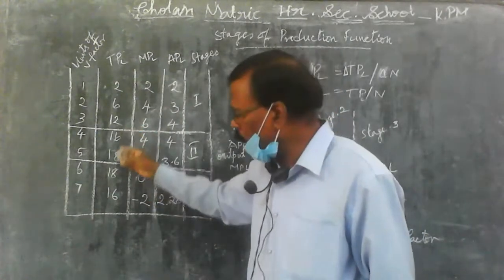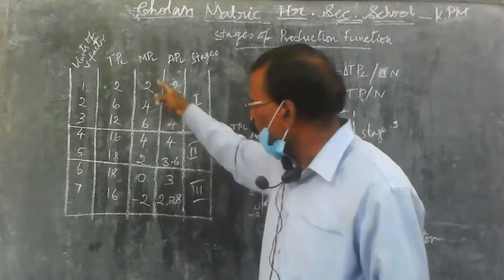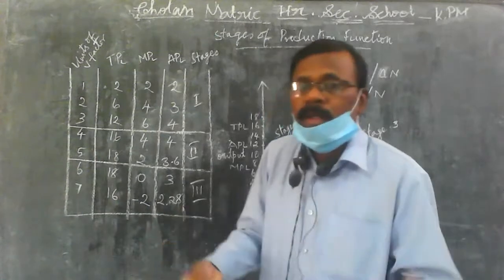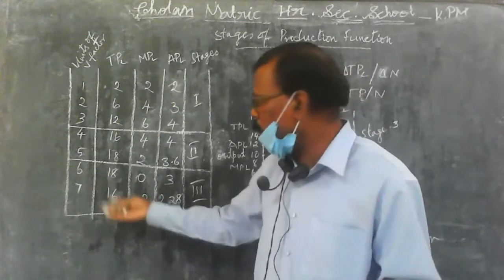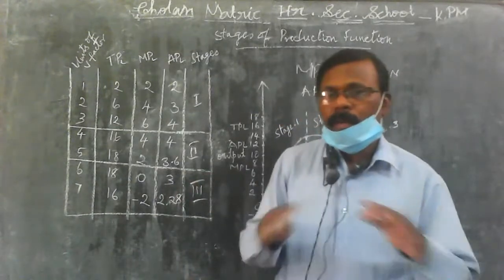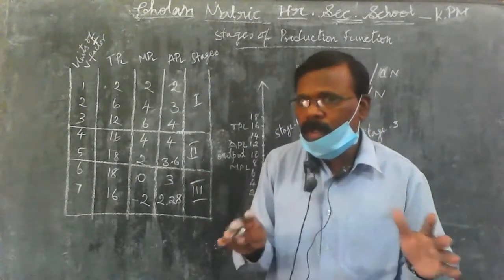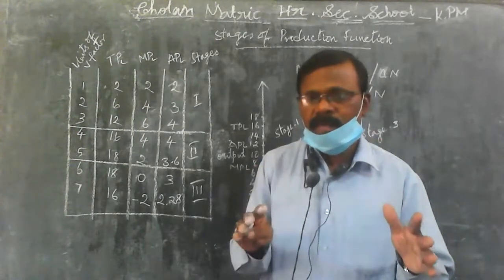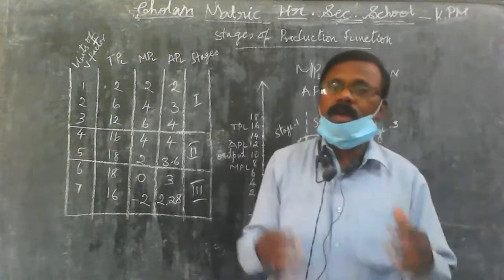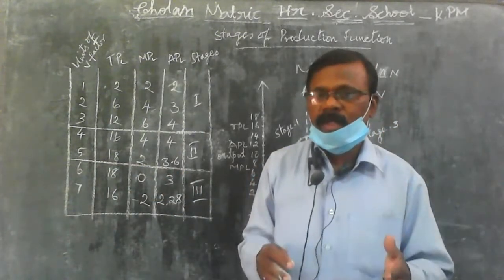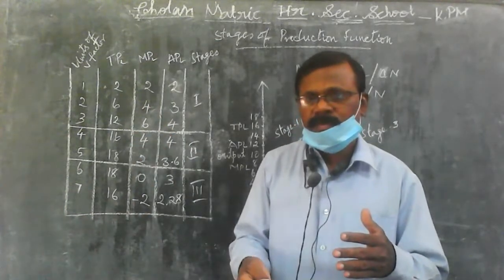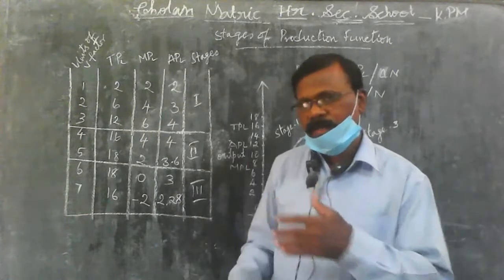When the total product starts declining, the marginal product becomes negative. Whatever the level, there is a decrease in total product or average product, they never become negative. Total product and average product are always positive, whereas the marginal product changes, becomes zero and then negative.